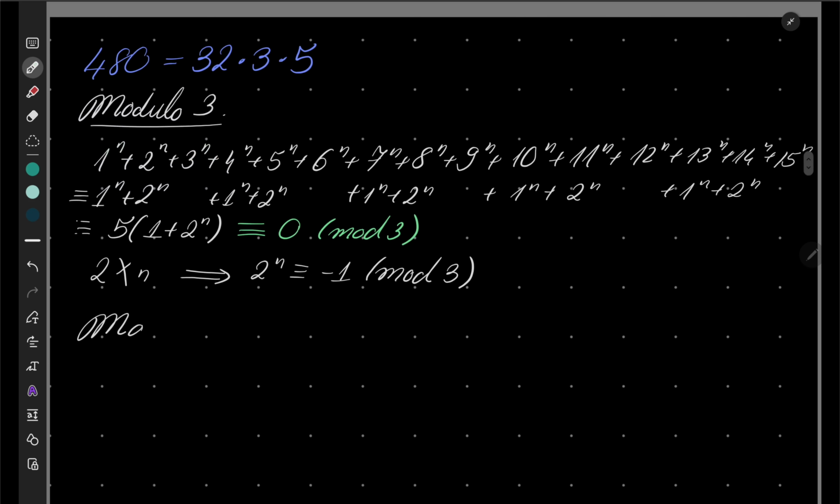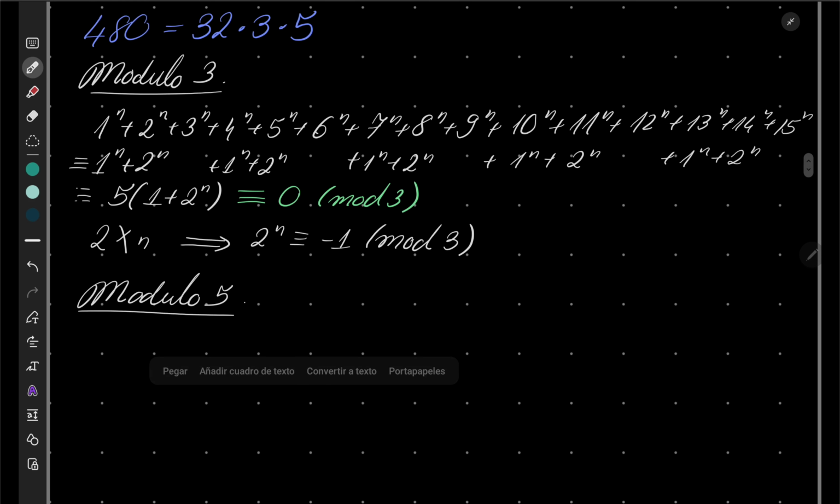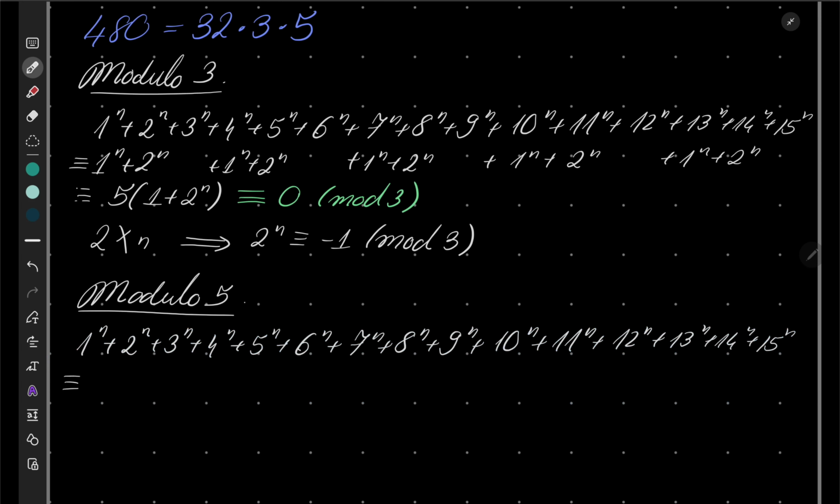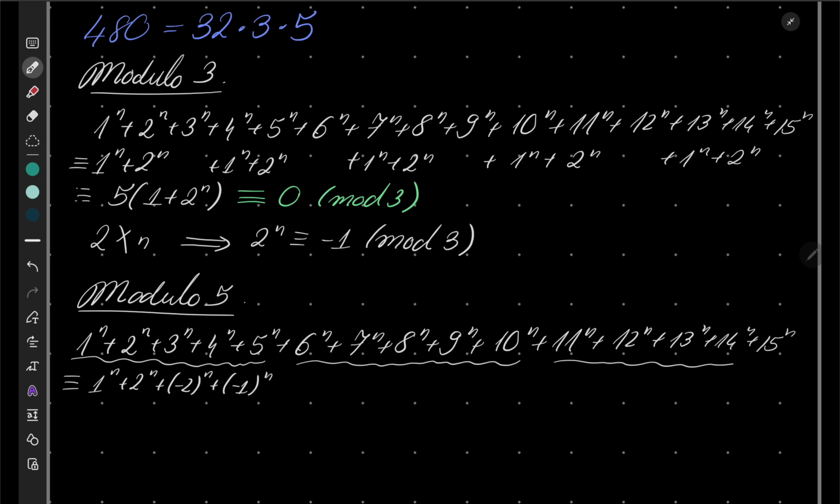Now, modulo 5. Again, let's consider our sum. 1 to the nth power is congruent to 1. 2 to the nth power is congruent to 2. 3 is congruent to -2 to the nth power. Then 4 is congruent to -1. 5 is congruent to 0. And the pattern repeats itself. How many times? 3 times.